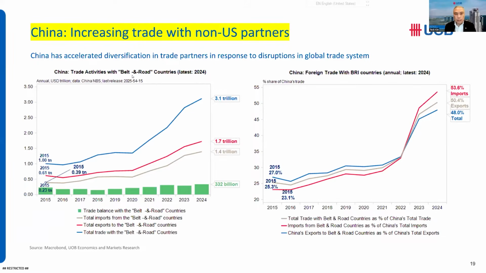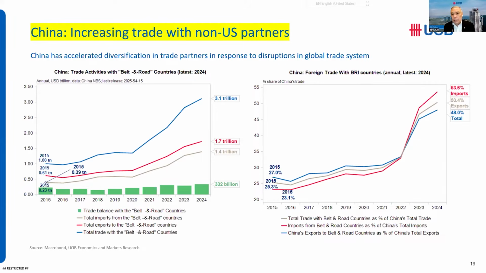For example, this is Belt and Road countries' trade activities. China is doing a lot more work, selling a lot more, buying a lot more with Belt and Road countries. Right, this is in terms of dollar value, just to give you a sense, and the pickup acceleration actually started around 2018 or so. Right, after 2018, things just pick up quite significantly.